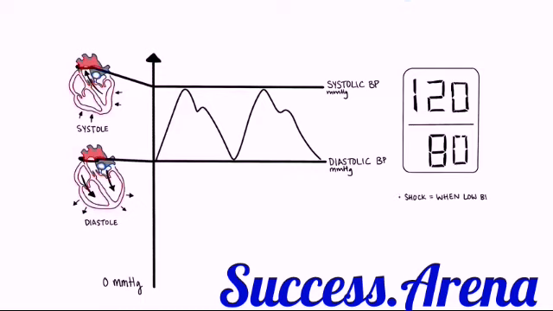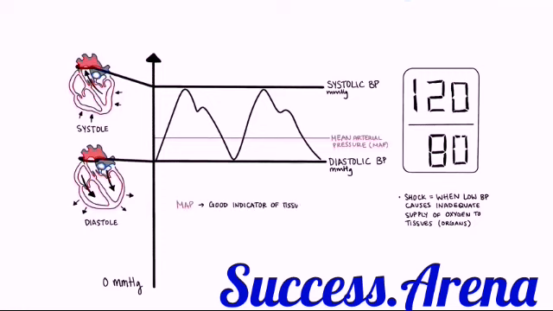Shock occurs when the blood pressure is low, causing inadequate supply of oxygen to the tissues or organs. The mean arterial pressure, or MAP, is a good indicator of tissue perfusion rather than the systolic blood pressure. It is the average arterial pressure throughout one cardiac cycle.